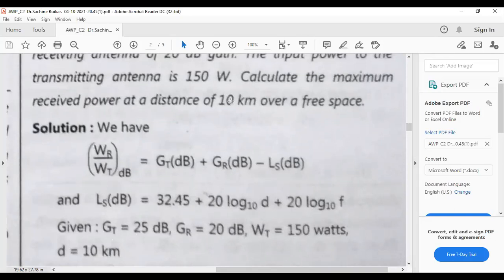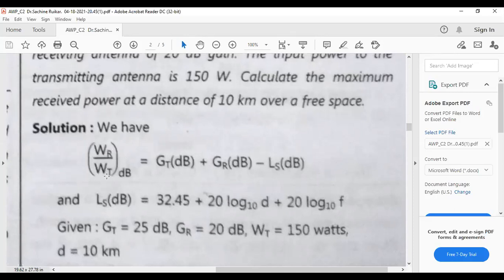So see here, this is the formula to find the receiving power, that is WR. In many textbooks they use P for the power, PR or PT, so don't get confused. Depending upon the author, the notation differs.